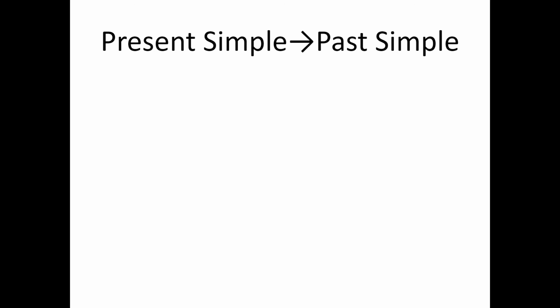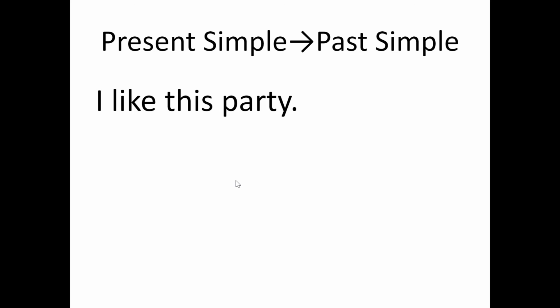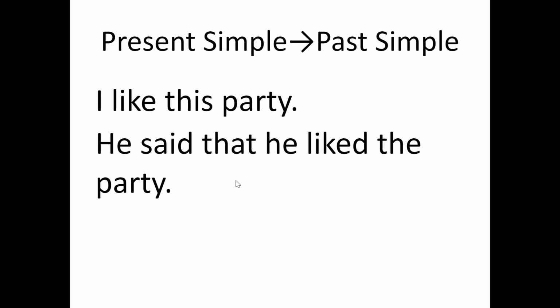The verbs will change tenses in reported speech, and this is known as back shifting, because we usually shift back one tense. So, for example, present simple changes to past simple. I like this party. He said that he liked the party.